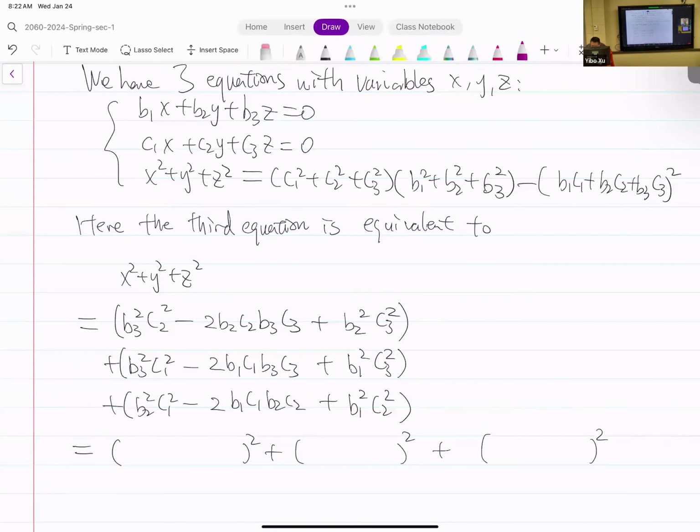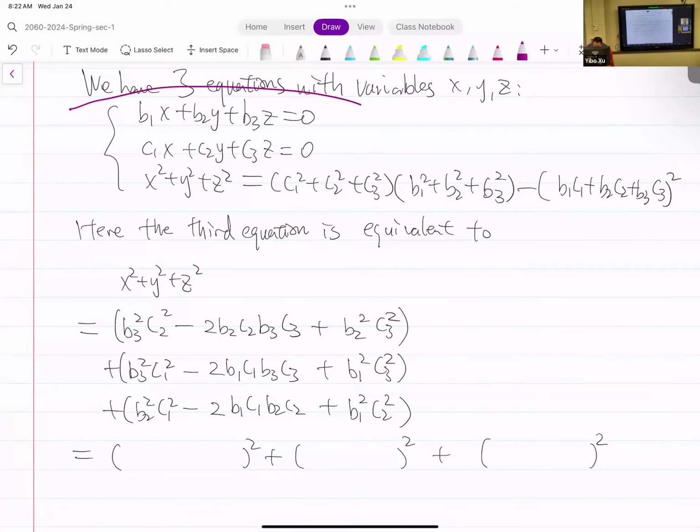Okay, so what are we doing? This is a system of 3 equations, and the circled ones are linear equations. Later you will know that they represent planes, right? That's very reasonable because we said this vector u is perpendicular to b and c, so that's actually just a direction, a ray.